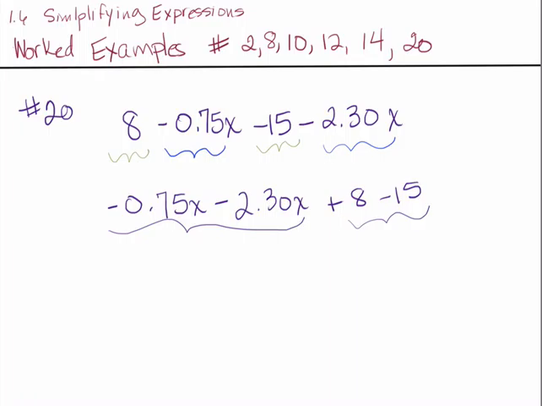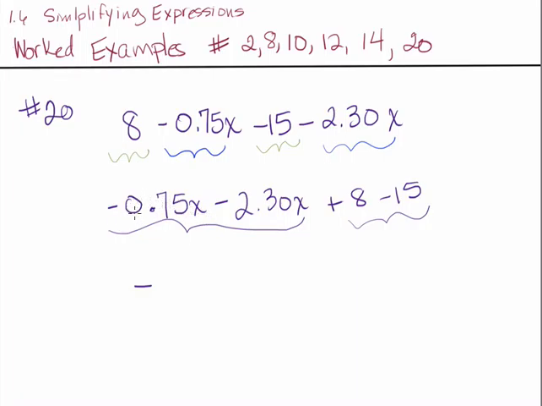How many x's do I actually have? It looks like I'm starting out in debt, 0.75 of an x. I'm already down 0.75 of an x. And then I spend 2.30 more x's. If I'm already in the hole and I spend even more, I'm going to be further in the hole. This piece here is going to be negative. How far in the hole?